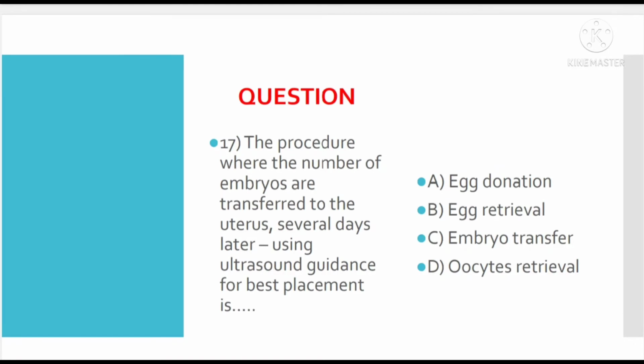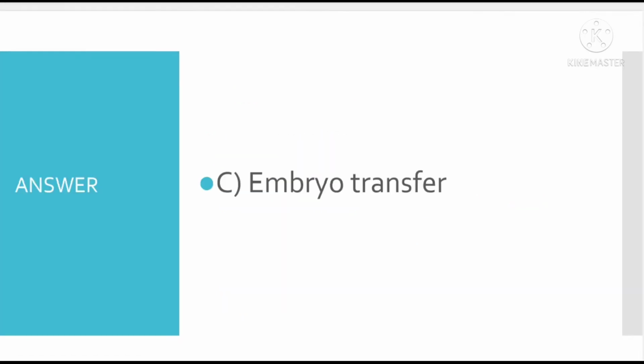The procedure where the embryos are transferred to the uterus several days later using US guidance for the best placement is: option A egg donation, option B egg retrieval, option C embryo transfer, and option D oocyte retrieval. Here the correct answer: option C, embryo transfer.